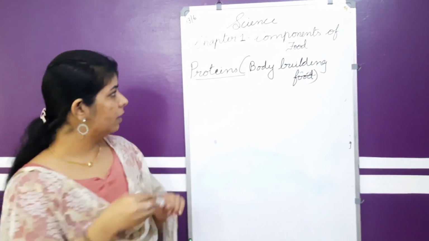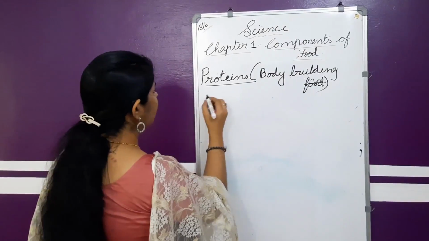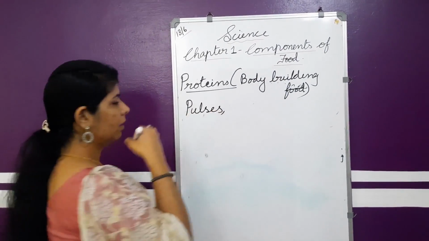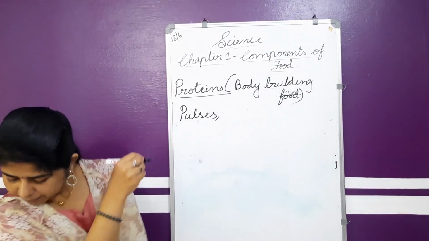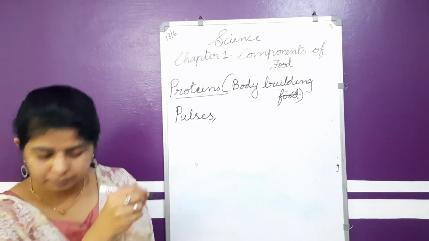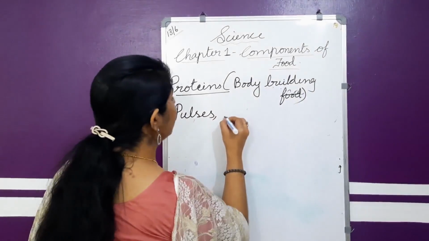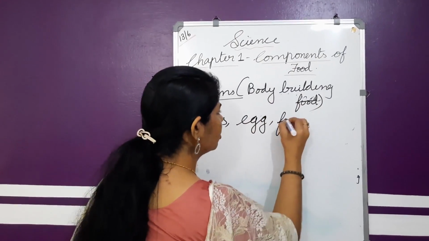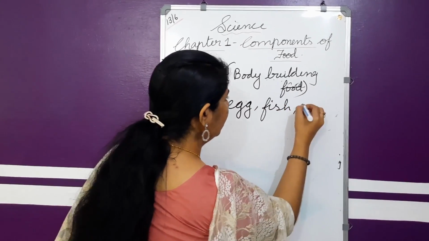So I will write it here. That is pulses. The first one I write here, pulses. It contains proteins. Then what's the next one? Egg, all the non-veg items, fish, meat.